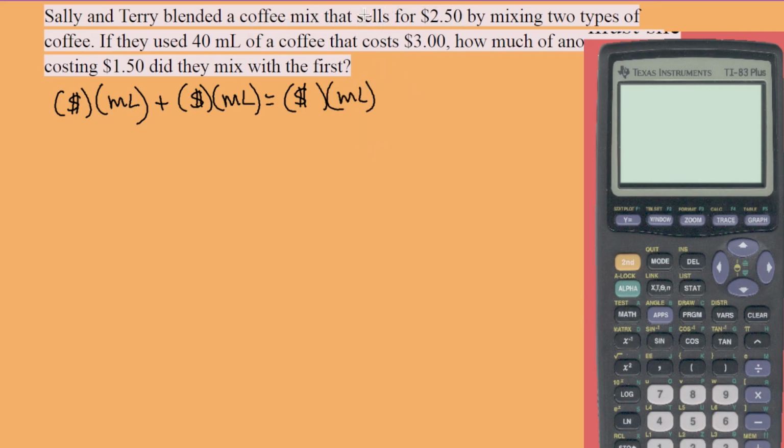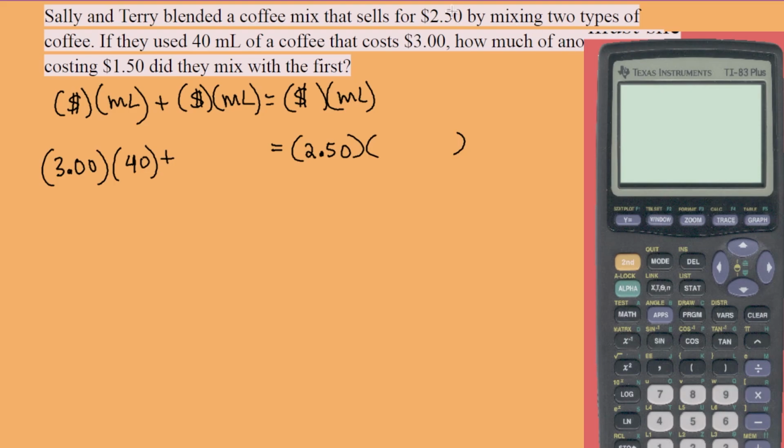So we know that the mix sells for $2.50. That goes here. $2.50. And what else? We used 40 milliliters of a coffee that costs $3. That could be the first part. So the cost is $3. And the amount of milliliters is 40.